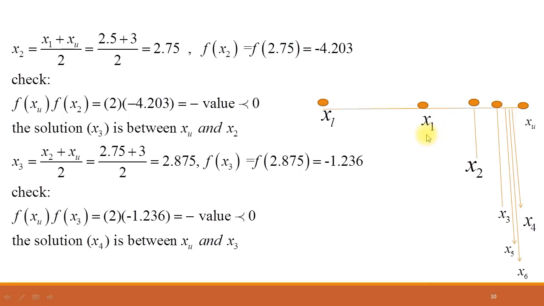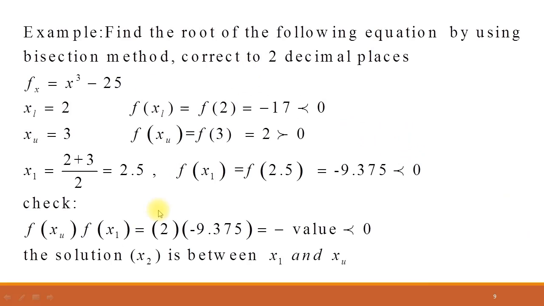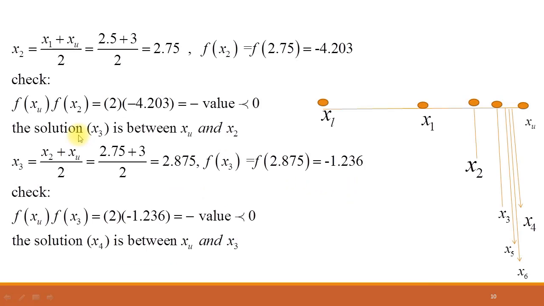So you see here in this question that to find x2, the function has opposite sign at x1 and xu. At x1 the function has negative sign and at xu the function has positive sign. So the next root x2 will be the mid of x1 and xu.